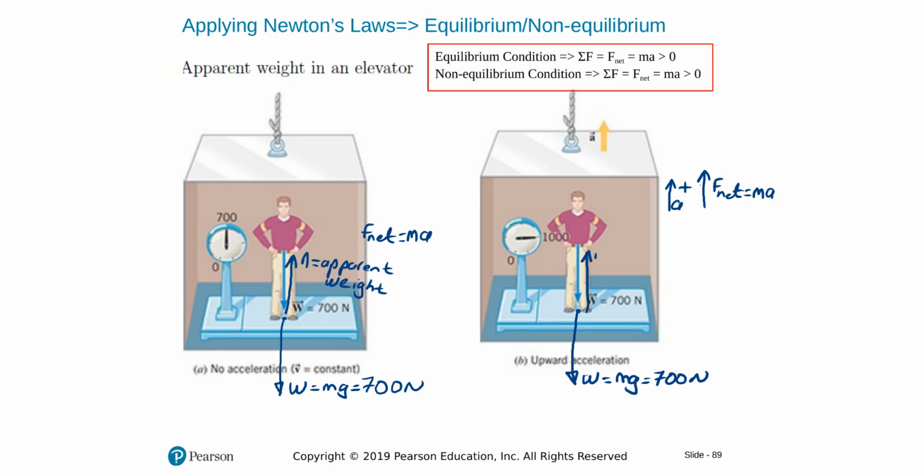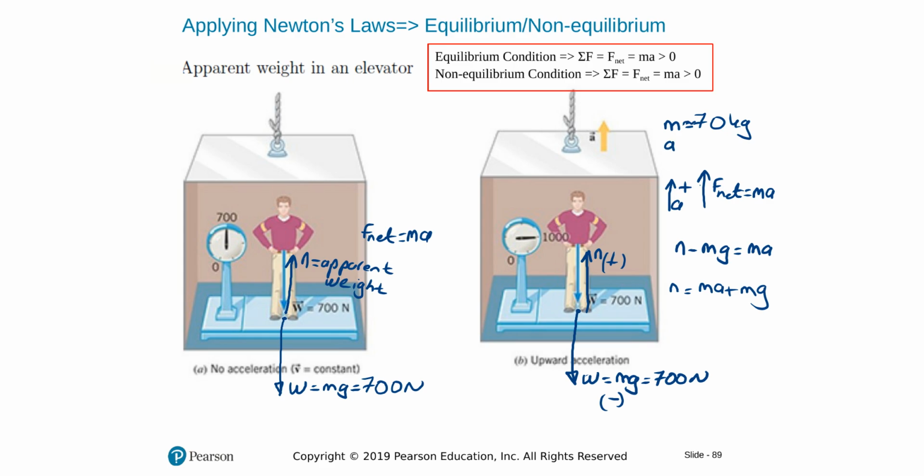There will be a normal force upward. If up is positive, my normal force is positive here. mg is negative. So my F net is equal to N minus mg, and that's equal to ma. You can also solve for the N here, and it will be equal to ma plus mg. Simply take negative to the other side as positive, or add mg to both sides. 700 newton corresponds to a mass of approximately 70 kilograms.